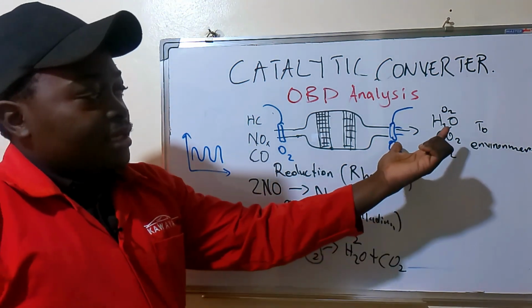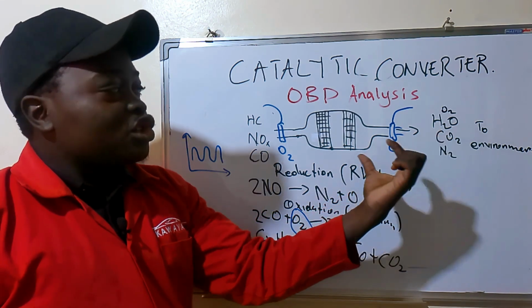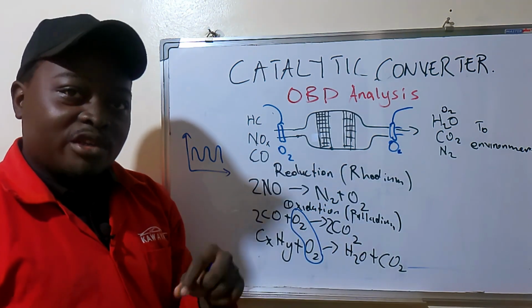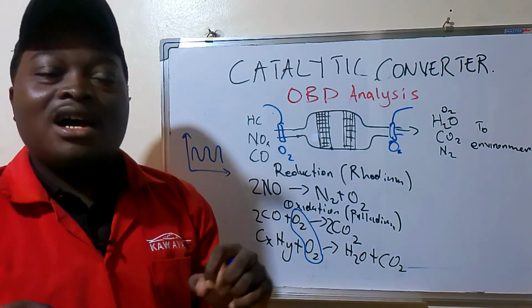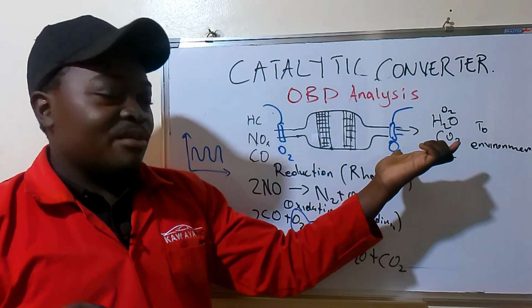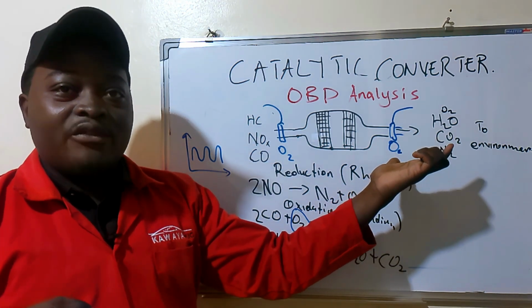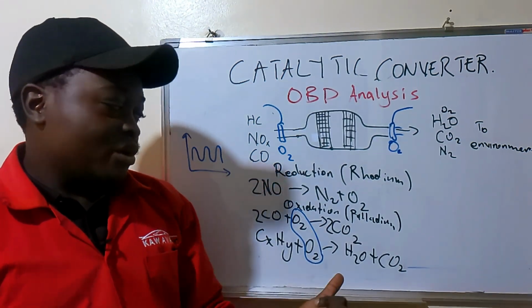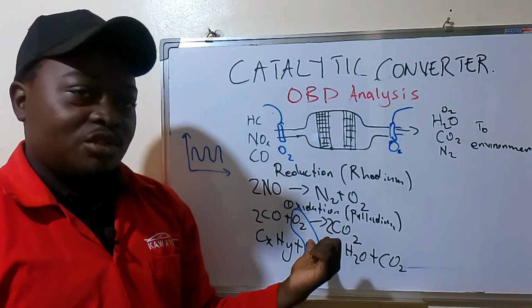It does not deplete all the oxygen, because in engineering we would not have 100% efficiency. But at least in the exhaust gases coming out from the converter, we have very low amounts of oxygen because they have been used for oxidation here.